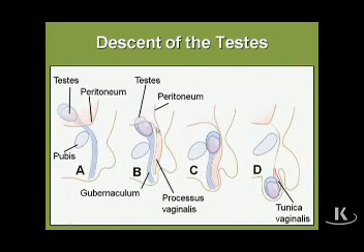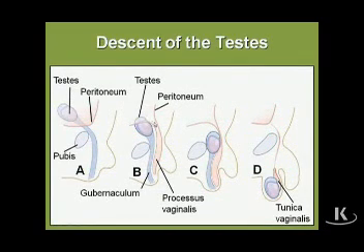That evagination of parietal peritoneum is called the processus vaginalis. We see that the processus vaginalis has already descended in this picture into what will become the scrotum. The testis is still here, has not yet descended.